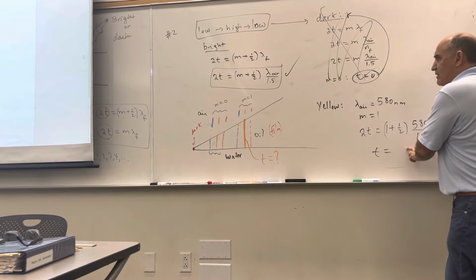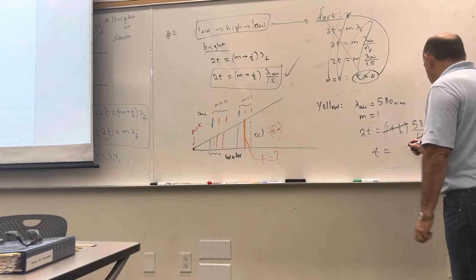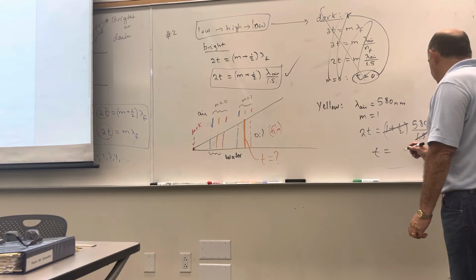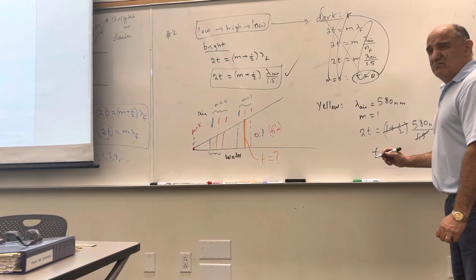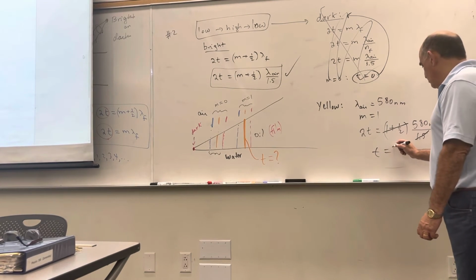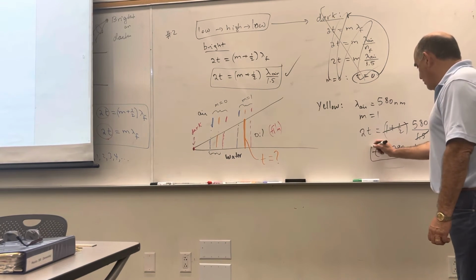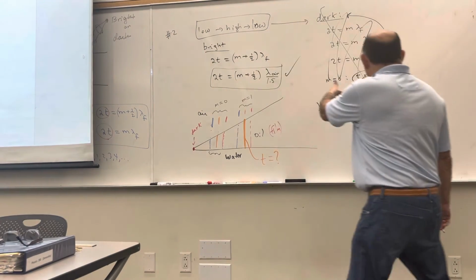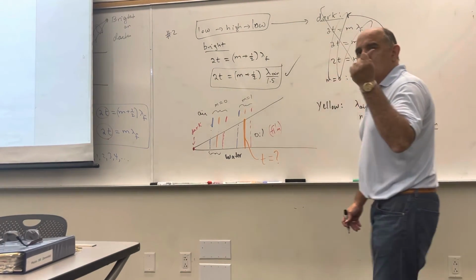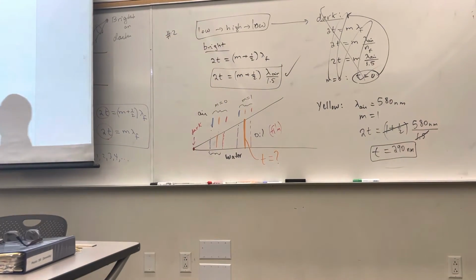It's going to cancel this, right? And then 580 divided by 2 is what? 290? Yeah. Wow, you don't even need a calculator to do this. Look at all the work that I did. Boom, boom, boom. Quick.